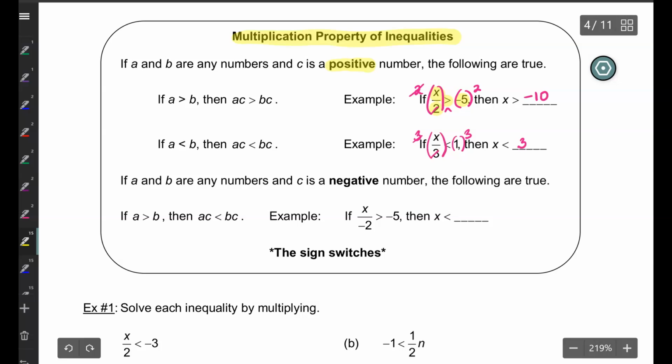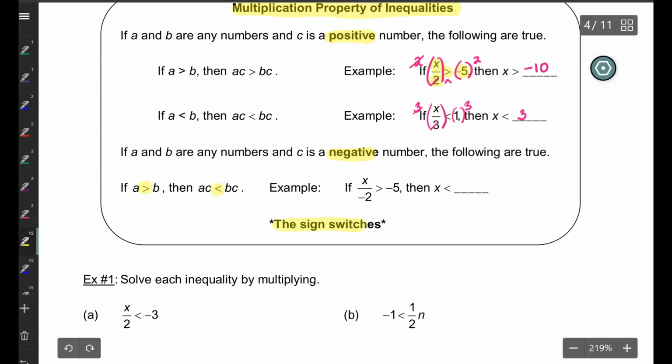However, when you have a negative number that you are multiplying by, basically what happens is if it's greater than, it switches to less than. If it's less than, it switches to greater than. So again, the sign switches when multiplying by a negative number.